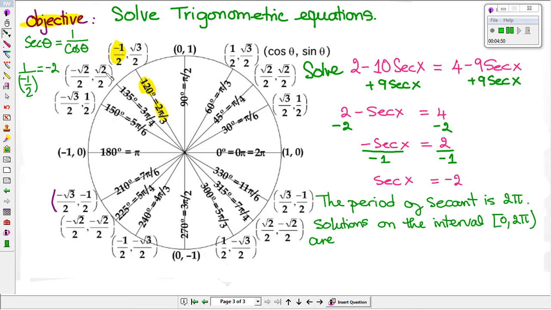So now I'm going to continue to go counterclockwise, and I'm looking for the cosine of what angle will give me negative 1/2. So look for the first value. One more right here, which is 4 pi over 3. So let me highlight that for you.